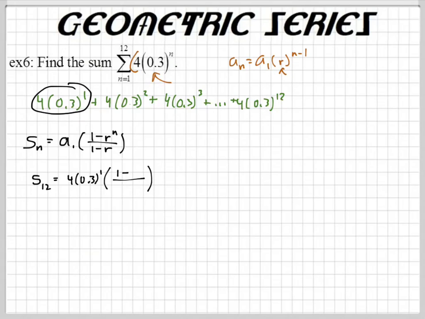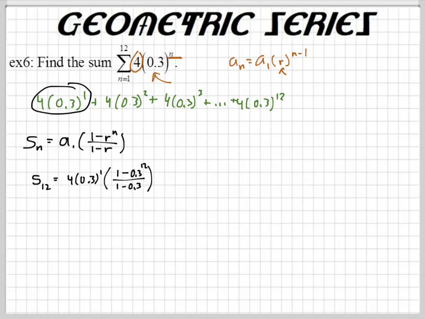Now, can you tell me why this is not the first term? It says n, not n minus 1. So 4 is not the first term. This is the first term. You have to actually multiply it out. Okay, so my r is 0.3 raised to the 12th power over 1 minus 0.3.